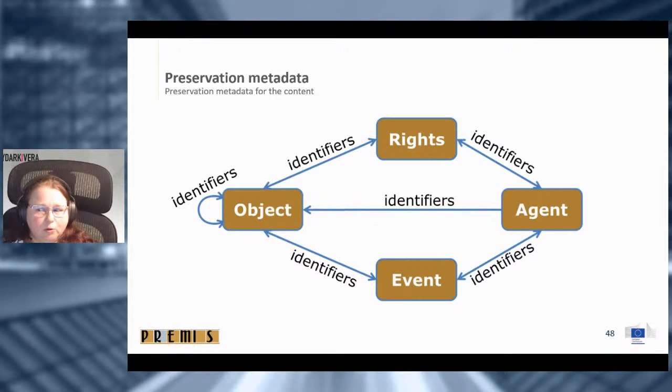And all the events are usually found by an agent. Doing a virus scan triggers and gives you an event. But we also need to know that this agent has the right to do something on the object, so we know that the agent is allowed to do this virus check.